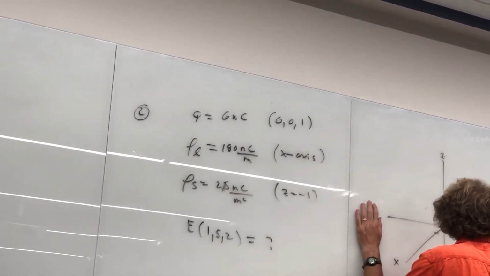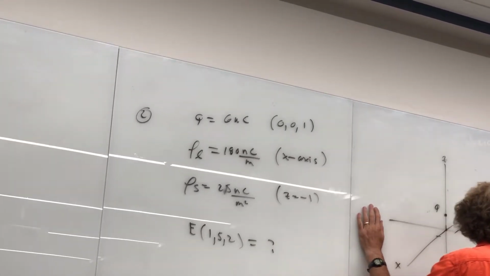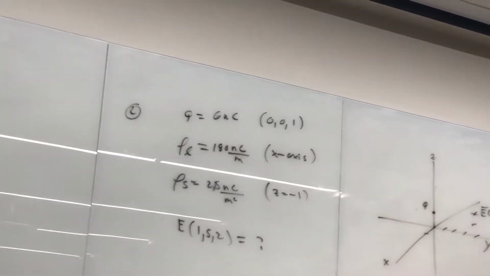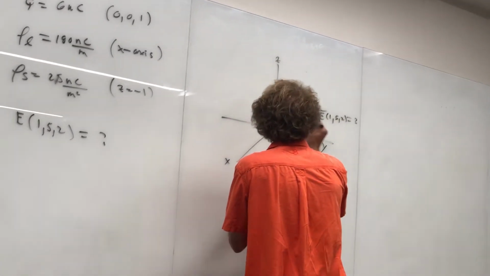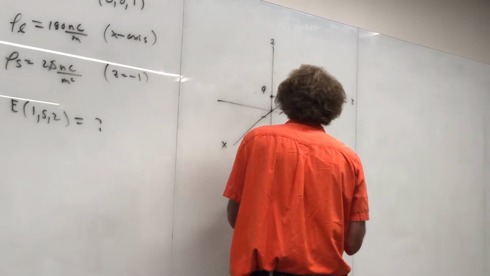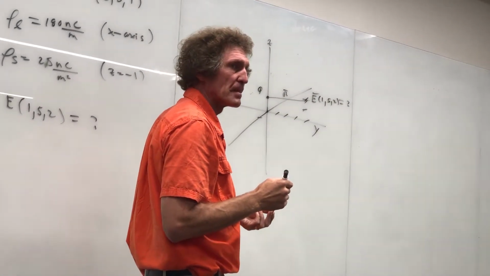So this is the E at (1, 5, 2) that I want. For this one, I need to get the R vector, from the point where the charge exists to the point of observation.